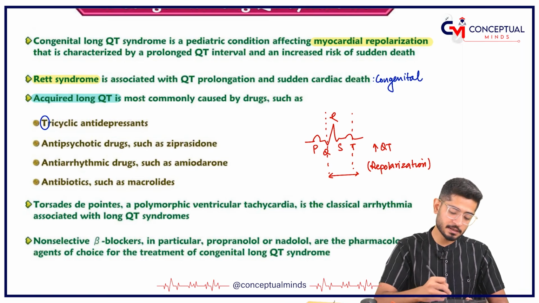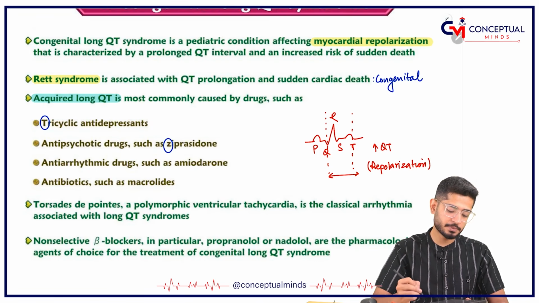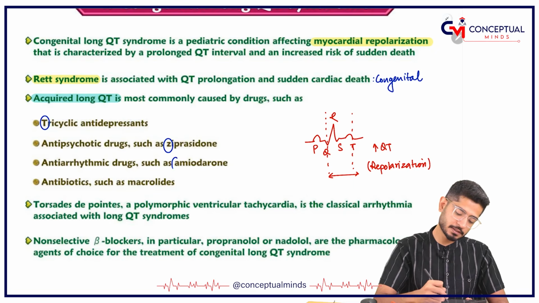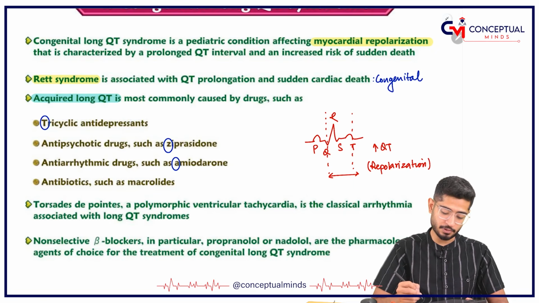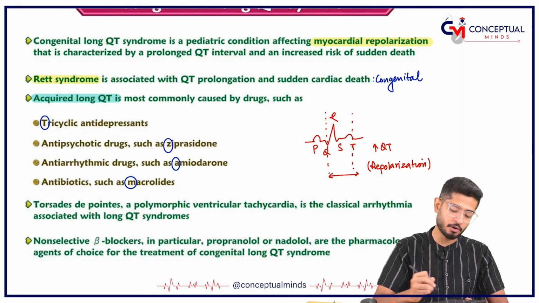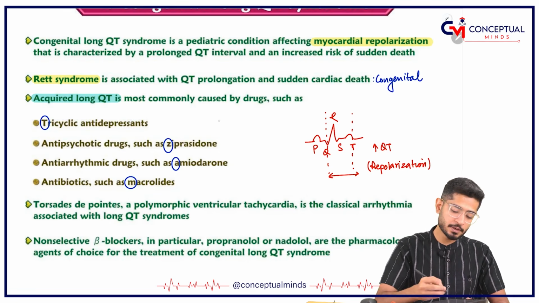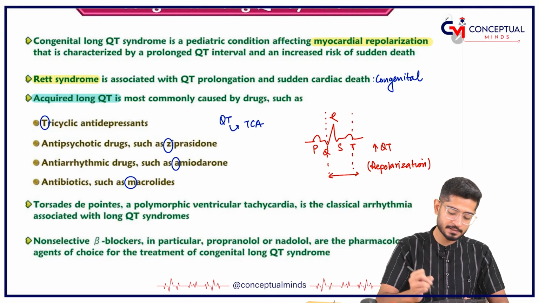Next is ziprasidone, which is an antipsychotic drug. Next, an antiarrhythmic drug, amiodarone, and antibiotics such as macrolides, they are all responsible for the same. It is very easy and simple to remember: QT for tricyclic antidepressants, then macrolide.